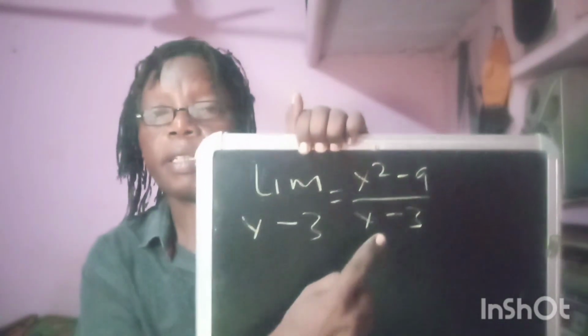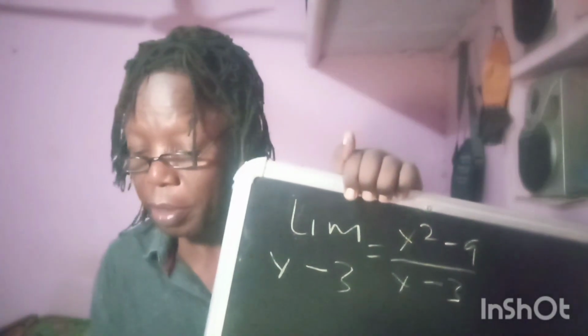Now we'll factor this expression which I gave you before, which is x squared minus 9 over x minus 3. We're going to factor this expression. That's the second way we can do this.